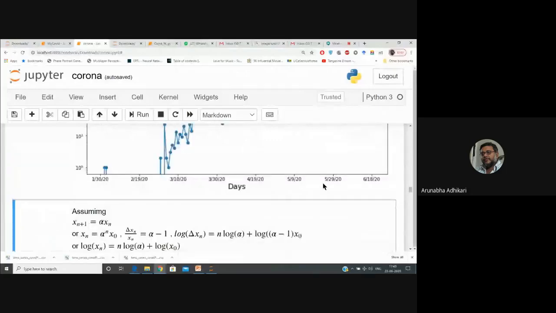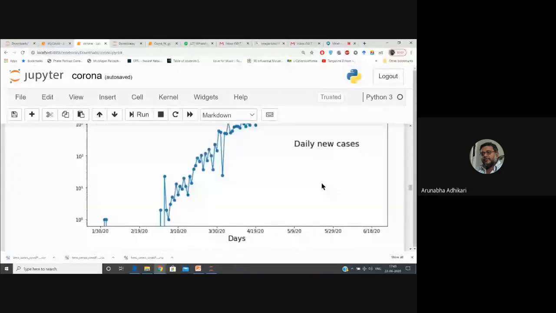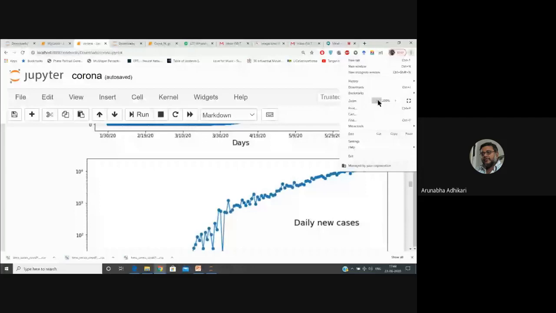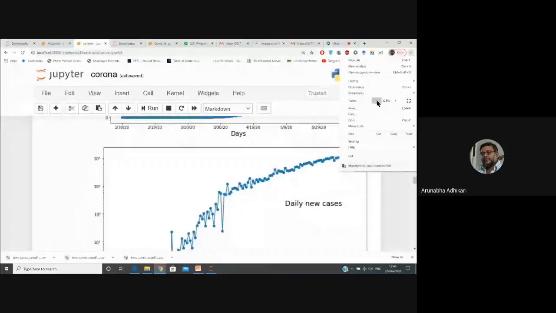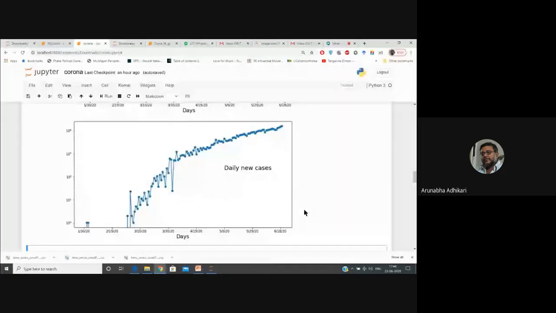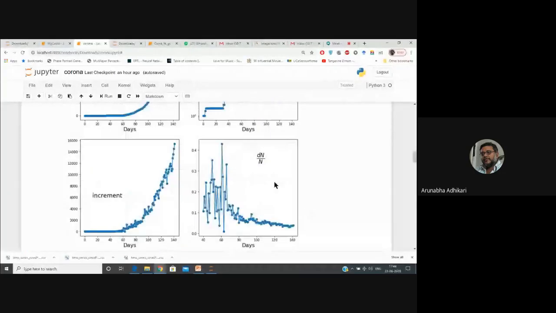Whereas you can see from this curve that it is hardly constant. It is decreasing.